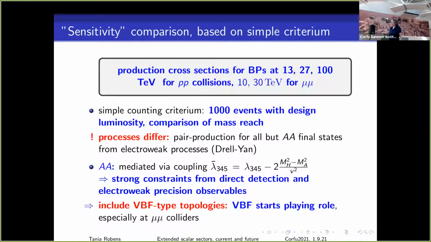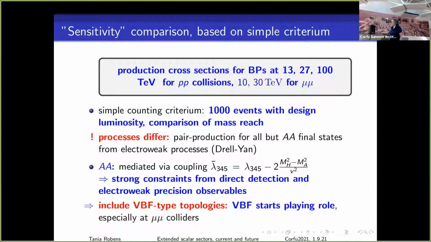The production process is mainly determined from electroweak processes, so also electroweak couplings, no new physics parameters enter apart from this AA. AA is the final state, which is different because it's mediated via this coupling.